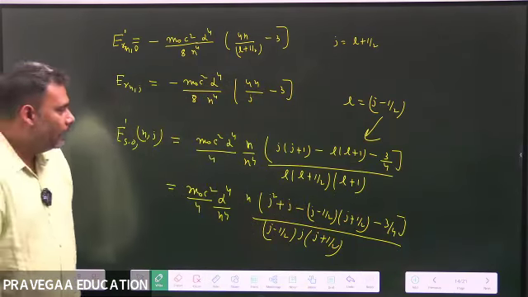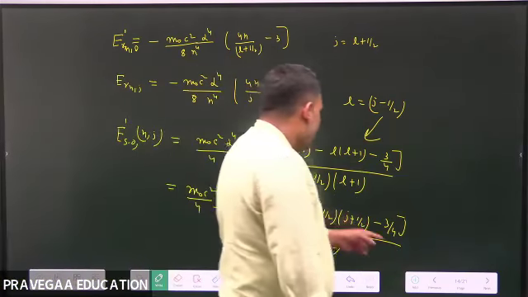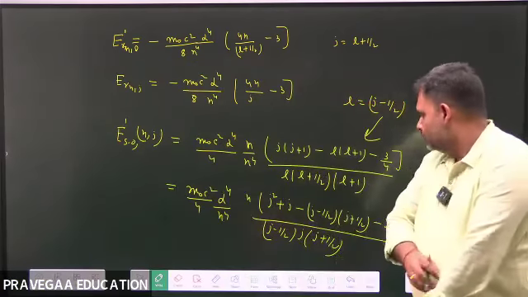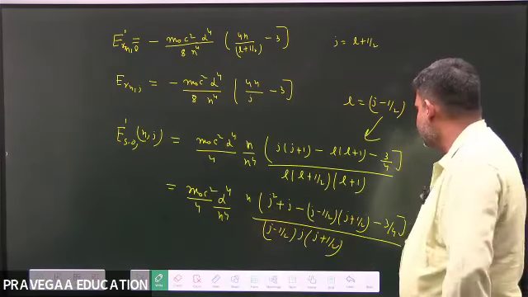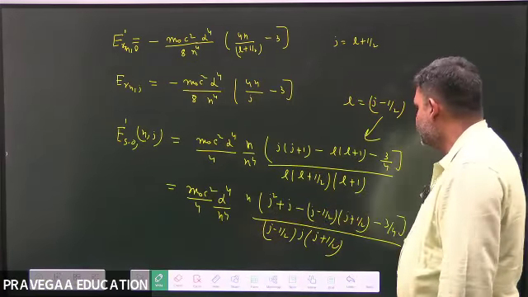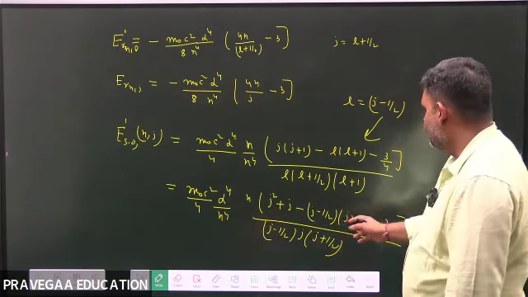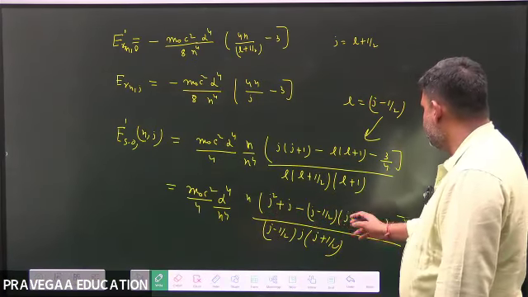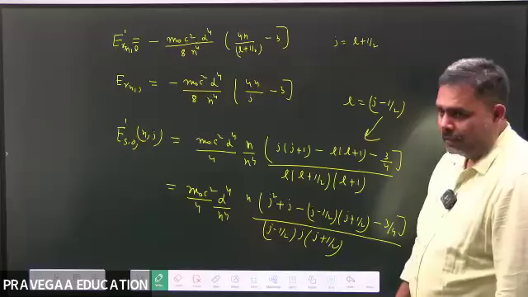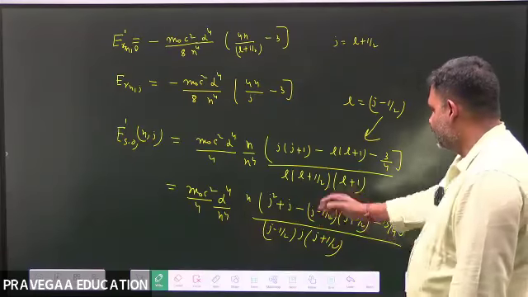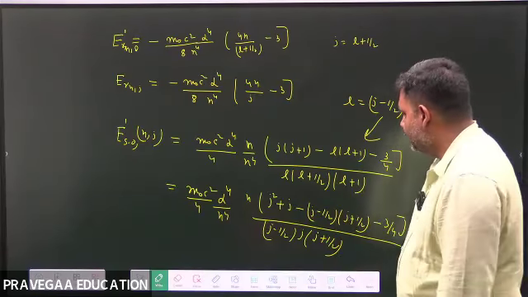Agreed? So what will happen? This is nothing, j square minus 1/4, है ना. So j square is going to cancel out, and this value is j plus 1/4 minus 3/4. तो क्या आ जाएगा ये, ऊपर वाला टर्म को देखो क्या आएगा.